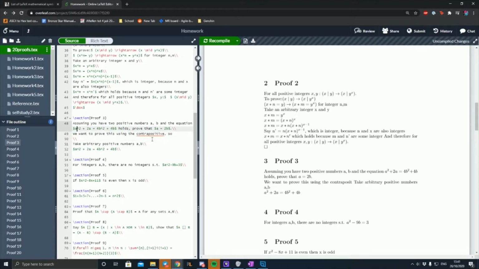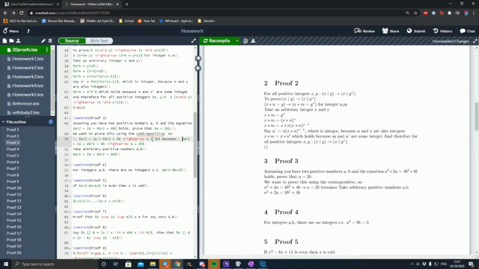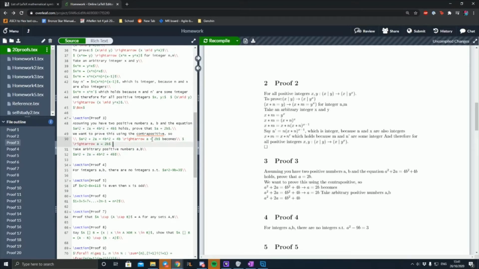I'll take this thing, right arrow, becomes, and then I take this thing. Copy this part, put it down there. Copy this part, put it down there.